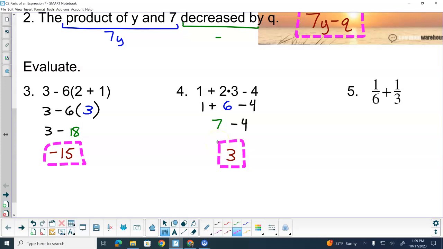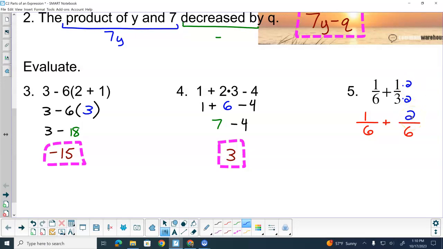In number 5, what do I have to do first? Common denominators first. What is the common denominator? 6. First fraction doesn't need to be changed because it is in the 6th already. What times 3 gets me 6? 2. So I have to multiply the top by 2, and I get 2.